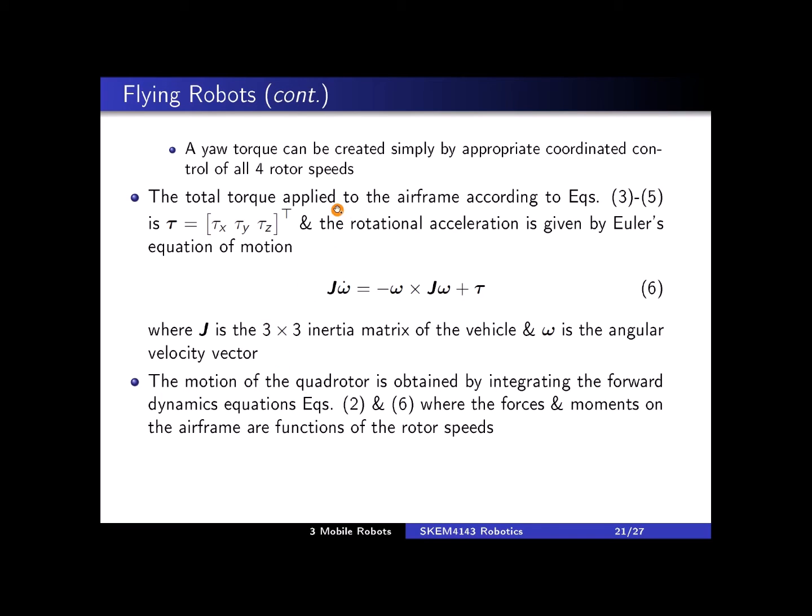So the total torque applied to the mainframe, to the airframe, according to equations 3 to 5 is tau x, tau y, tau z. Once again, this is the rolling torque, pitching torque, and the reaction torque. And the rotational acceleration is given by Euler's equation of motion, given by equation 6, where J is the 3 by 3 inertia matrix of the vehicle and omega is the angular velocity vector.